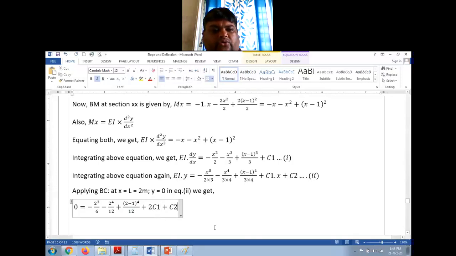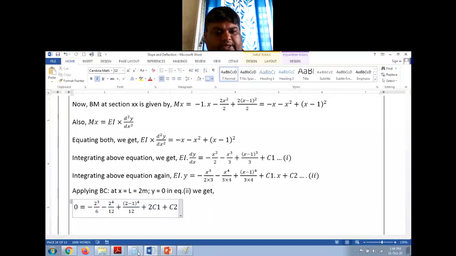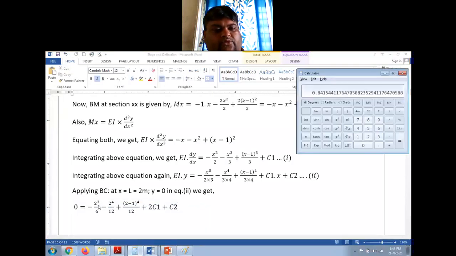right? So I am not able to find either of the constants, but I will get a relationship between c1 and c2 here. Let us calculate this. What is this? Let us start from this.